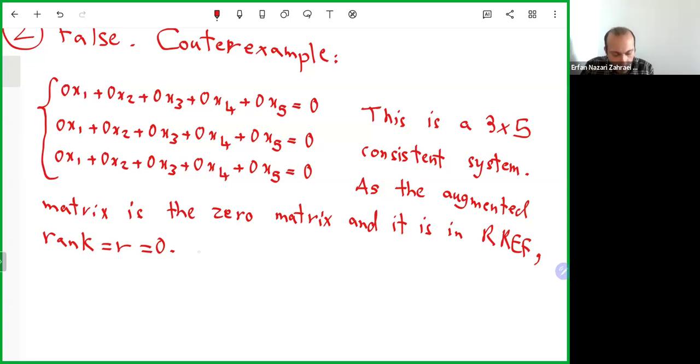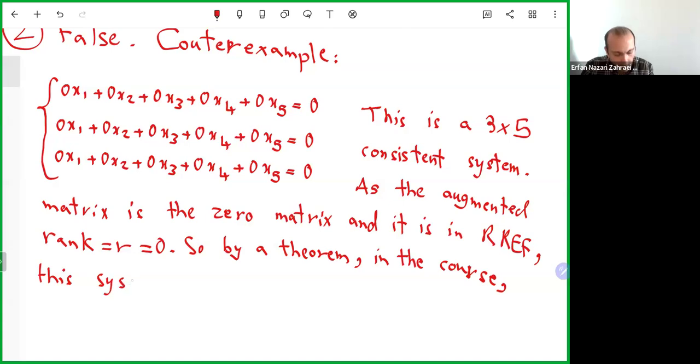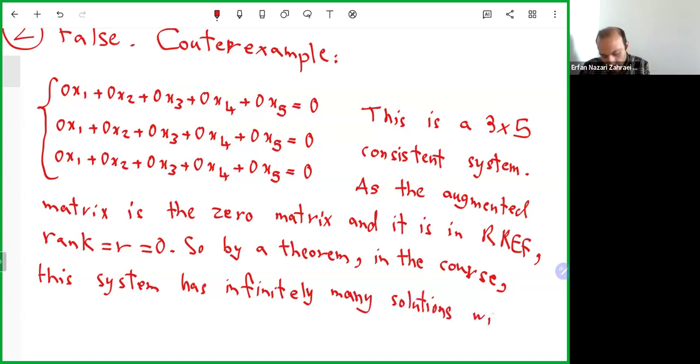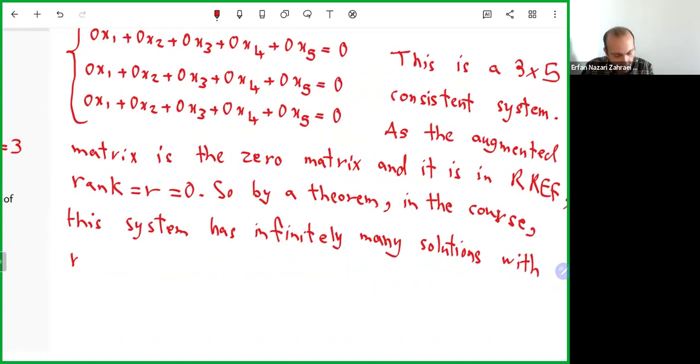That tells us how many parameters we have. So by a theorem in the course, the one that we have seen multiple times and used, this system has infinitely many solutions with n minus r parameters.